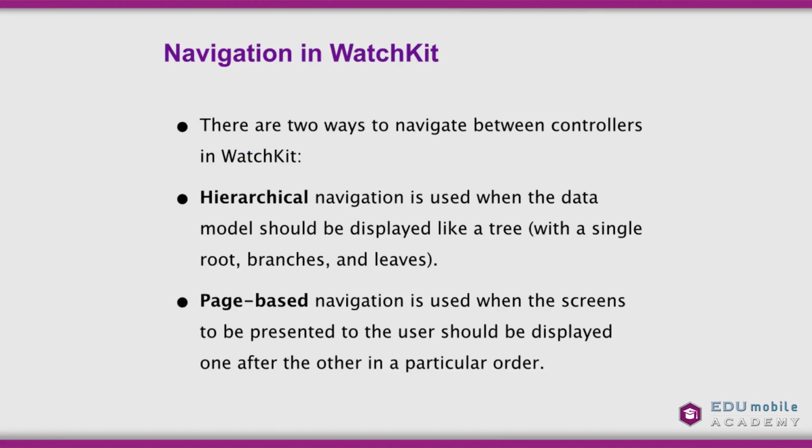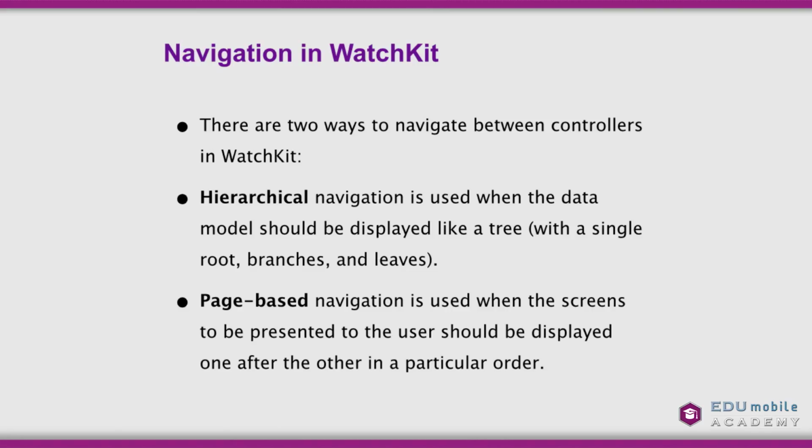Now, there are two ways to navigate between controllers and their views in WatchKit: hierarchical and page-based. Hierarchical navigation we want to use when the data model should be displayed like a tree with a single root and then branches and leaves. This is similar to how we look at a UINavigationController hierarchy in iPhone development, let's say.